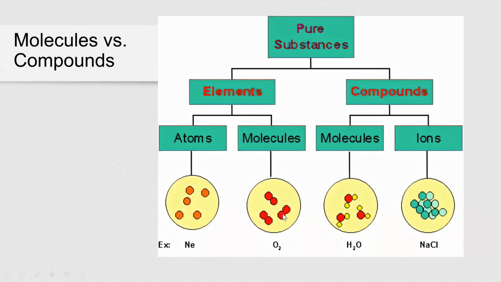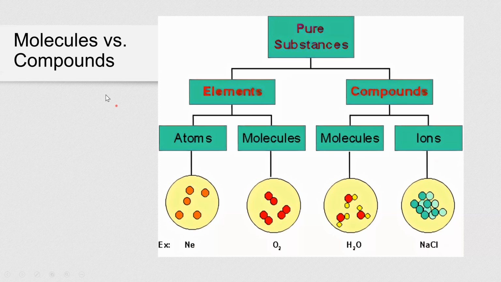Because the chemical bonds between the atoms are covalent bonds. Now, when we have ionic bonds between two different atoms, we call them ions, and ions are always compounds, right? They are always made of two different atoms, right?